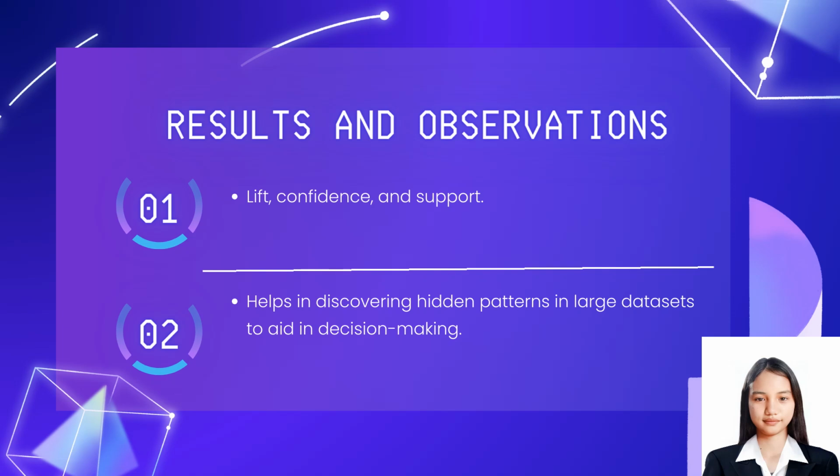These metrics quantify the strengths and significance of relationships between items, providing actionable insights for businesses and researchers. By interpreting these results, stakeholders can now make informed decisions about product recommendations, marketing strategies, and business operations, leading to improved efficiency and profitability.